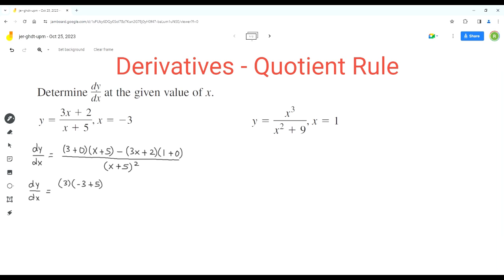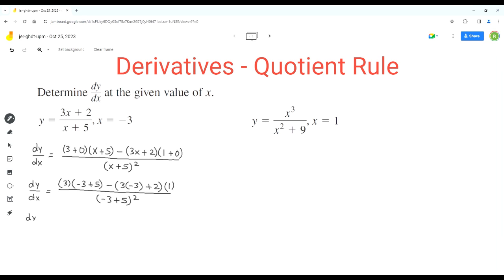So we are subbing in x as -3, minus 3 times -3 plus 2, and 1 plus 0 is just 1, over -3 plus 5 squared.